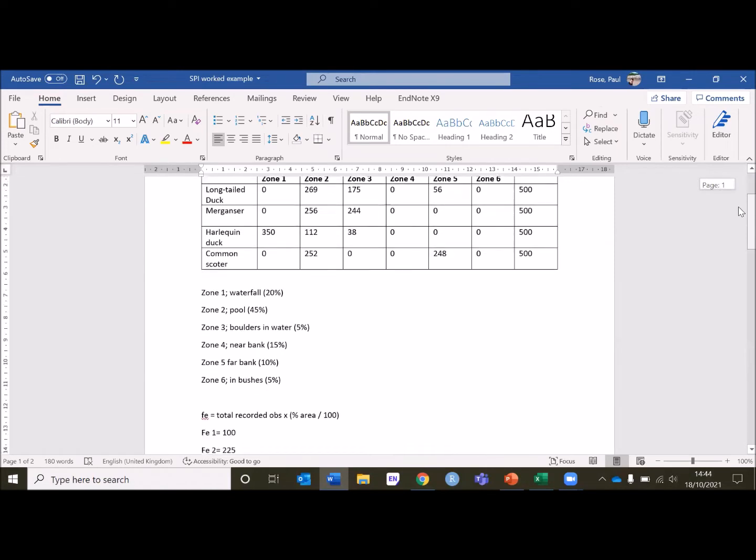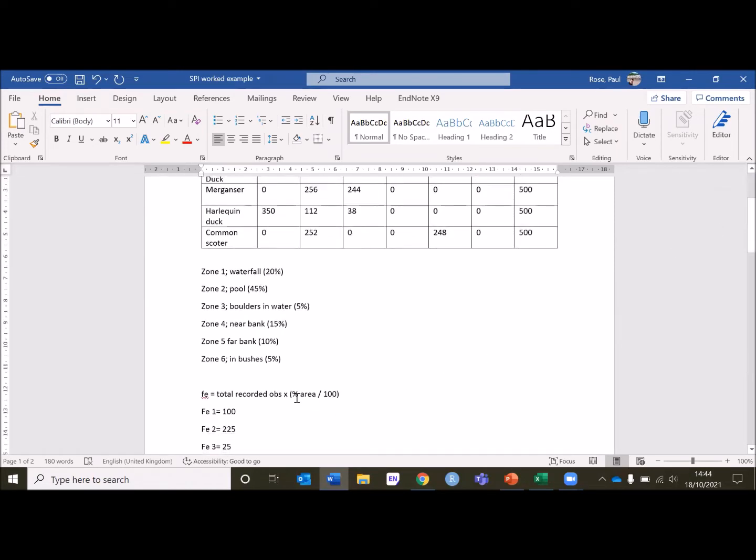So we have taken the total recorded observations, 500, and we have taken the percentage area, in the case of zone 1, 20, divided by the total and multiplied it by 500. Your expected frequency is the same for all times that you calculate the SPI formula, regardless of how many species you have in the enclosure.